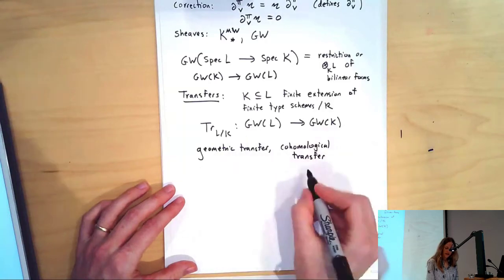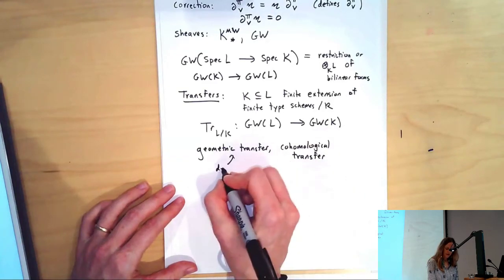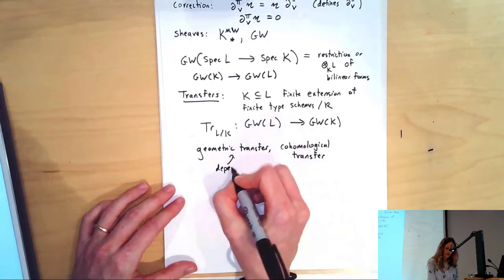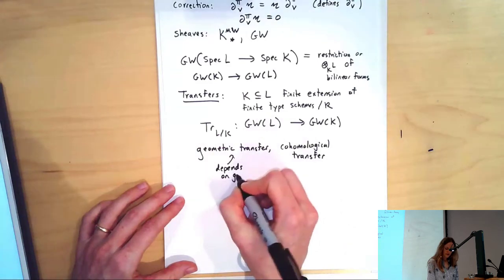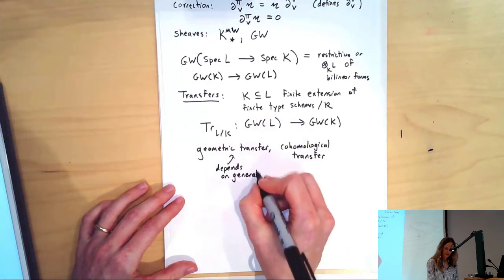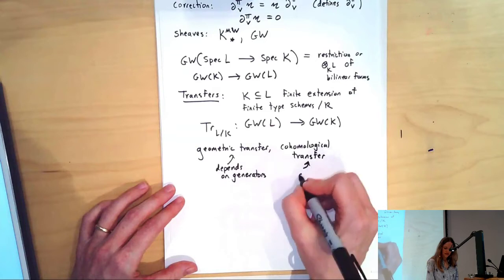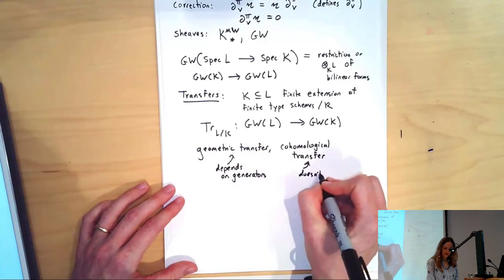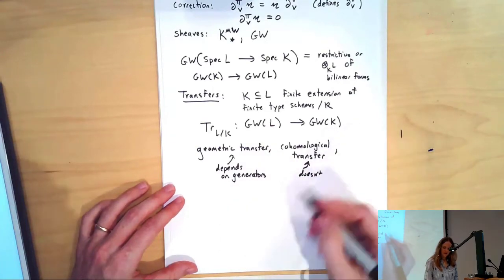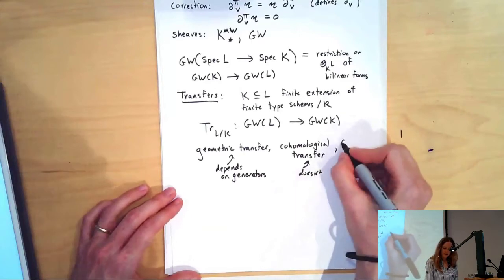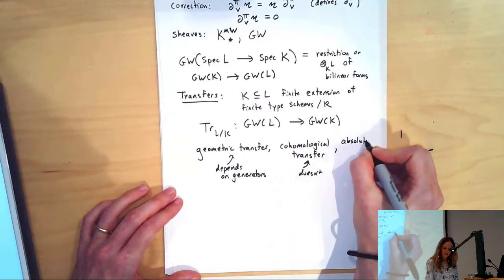And the advantage of that is this will depend on a chosen sequence of generators. And you can get rid of that here. And if you use twisting data, you can get an absolute transfer.